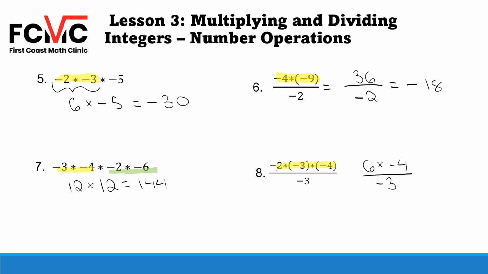So 6 times negative 4. We're multiplying two numbers that are opposite signs. We put parentheses around this, a little easier to see. So 6 times negative 4 is going to give us negative 24 because we're multiplying two numbers of opposite signs, over negative 3. Now we're dividing two numbers that are the same sign. So the sign of our answer should be positive, and 24 divided by 3 is going to give us 8.